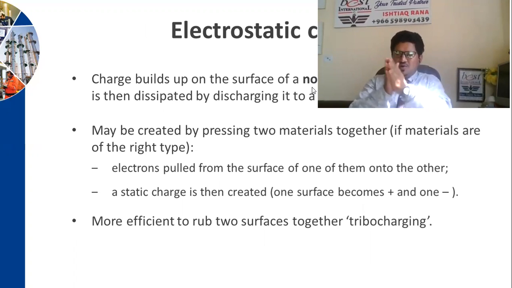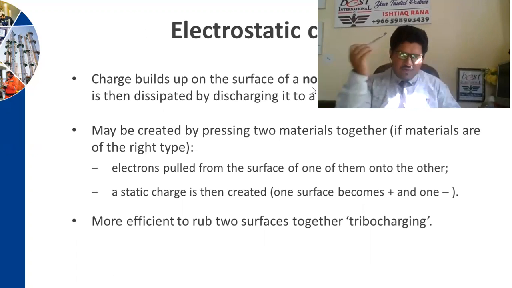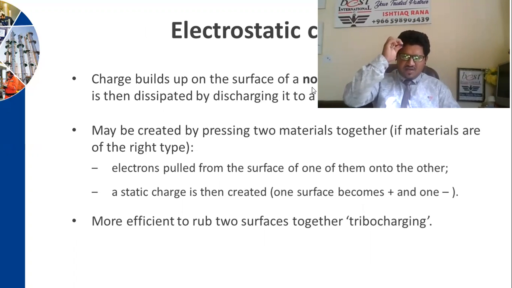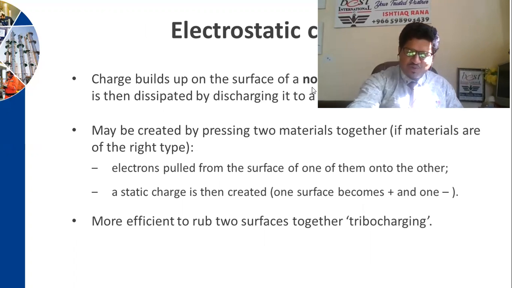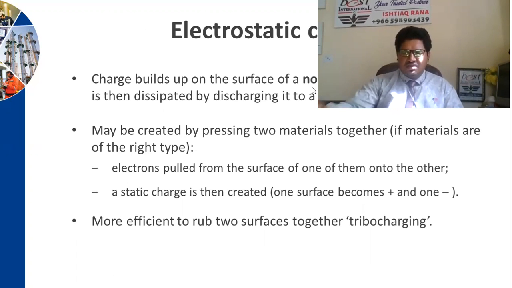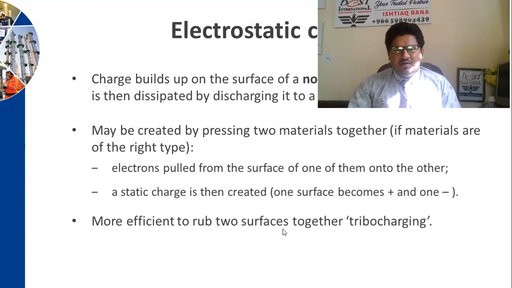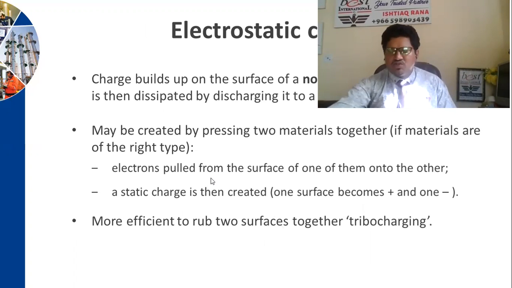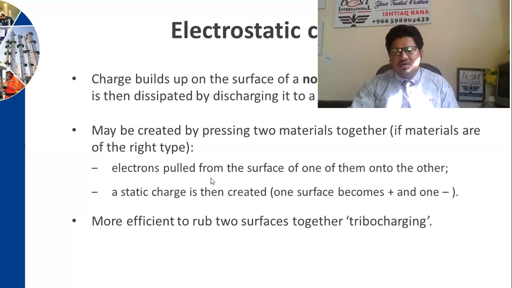You remember in childhood, we would rub something and create a static kind of energy, and small hairs or small dust particles would touch it because of that static energy. So it is created because of rubbing, this process of friction. It may also be created by pressing two materials together.